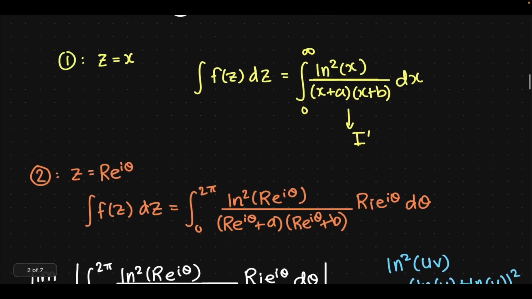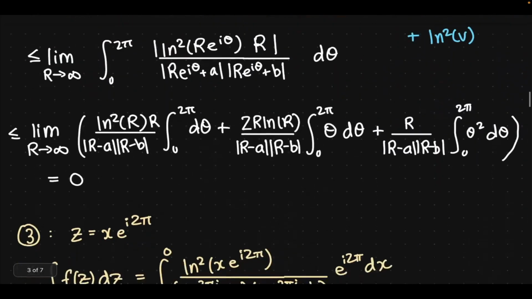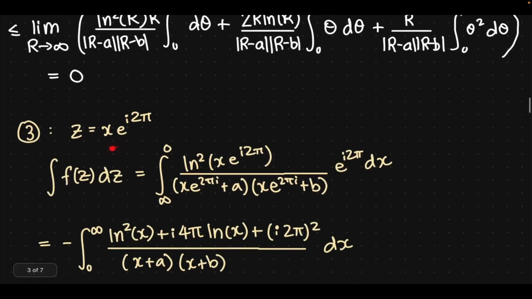Segment 3 is actually the segment that's like segment 1 but on the other side of the branch cut, and we have to account for that in the sense that our parameterization, instead of just being x, is going to be x times e to the I 2 pi.